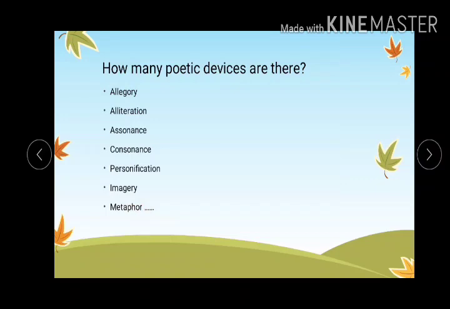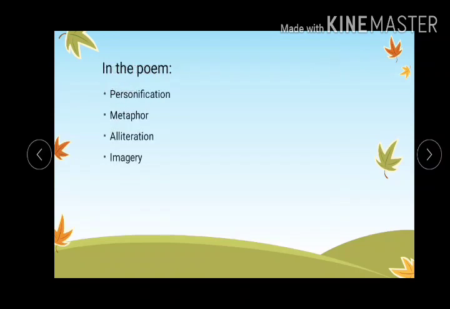But in this poem there are only a few poetic devices, and let us go into detail about what those poetic devices are. So in the poem, the use of personification, metaphor, alliteration, and imagery is done. Now let us know in detail what is personification and what are the other poetic devices.